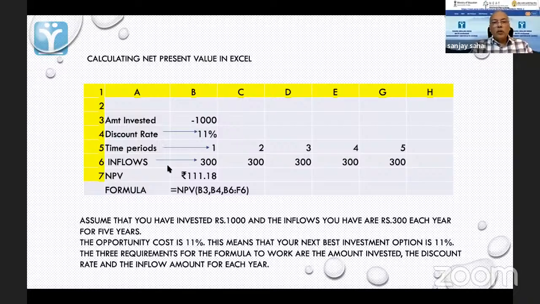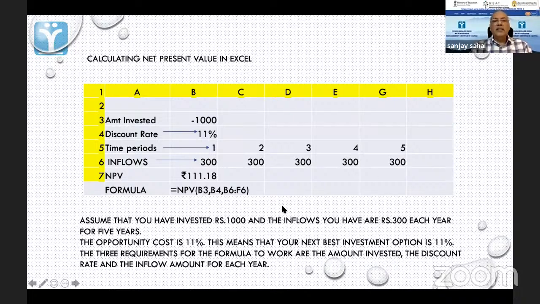You can also change these inflows here. If you use different figures here, you can see how that impacts the net present value. And while for the sake of convenience, I've just taken the same amount, you can keep varying these amounts. So remember this, it's a very useful formula to remember in Excel.